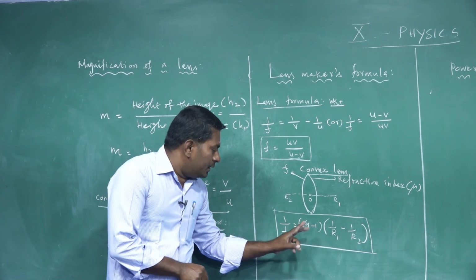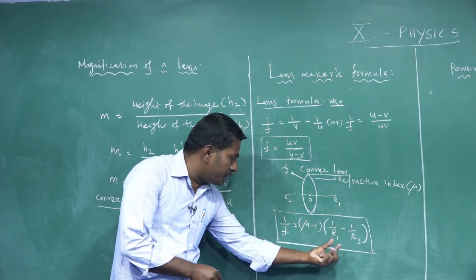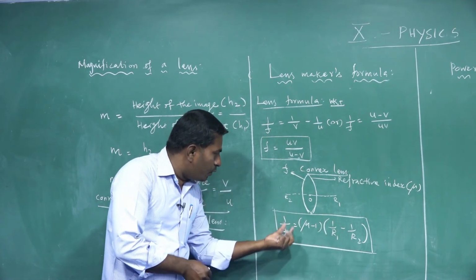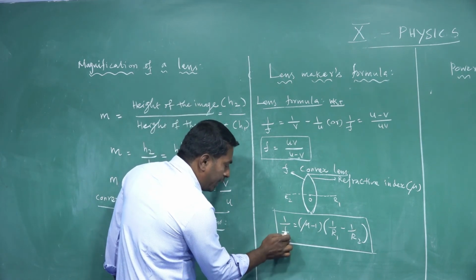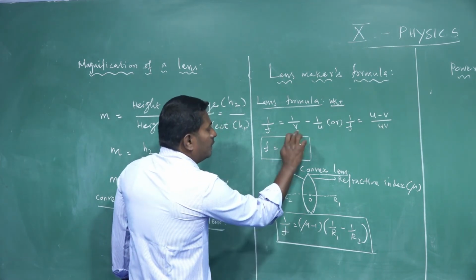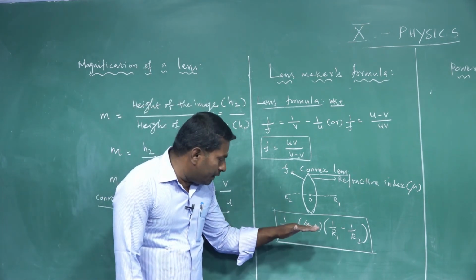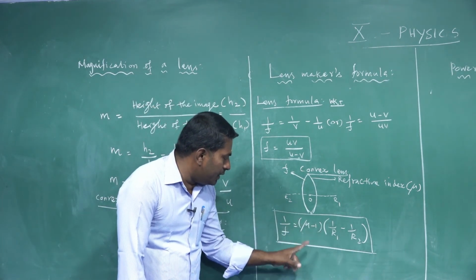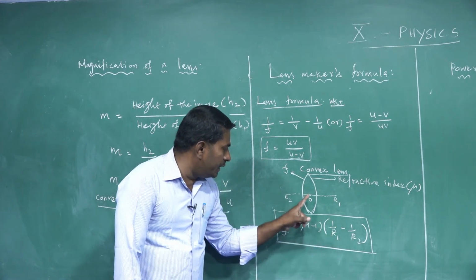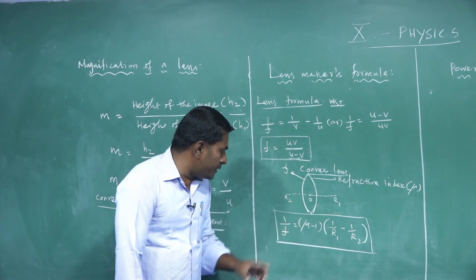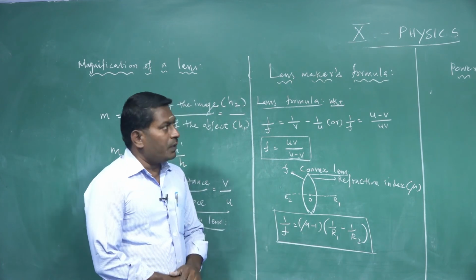We fix these refractive index and radii of curvature, then only we get a proper focal length of this lens. This focal length connects the image distance and the object distance. So the lens maker's formula connects the refractive index of a transparent material, the radii of curvature of the lens and the focal length of this lens.